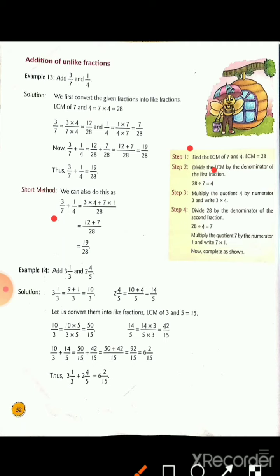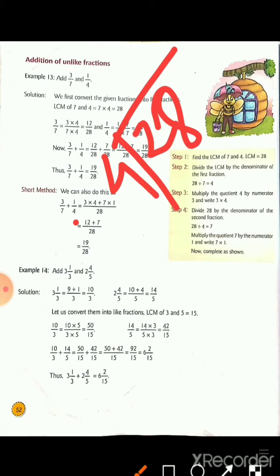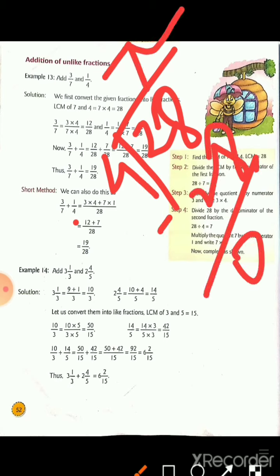This quotient 4 we multiply with the numerator, 3, so 3 into 4, plus. Again we divide the LCM by the denominator of the second fraction, which is 4. If we divide 28 by 4, we get 7. This quotient we multiply with the numerator, that is 7 into 1.